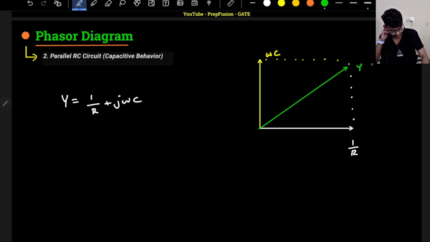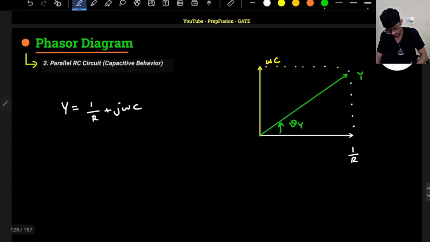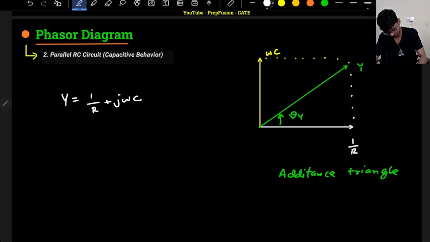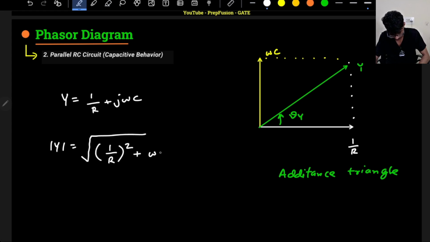From here this is my theta y. This is my admittance triangle, a leading admittance triangle, because it is a capacitive circuit. So the magnitude of y is equal to the square root of 1 by R square plus omega C whole square. Very simple, straightforward.